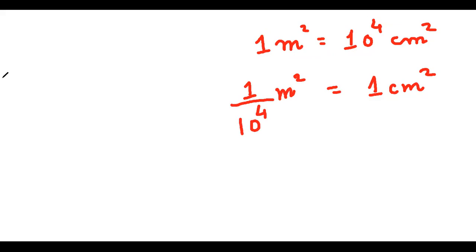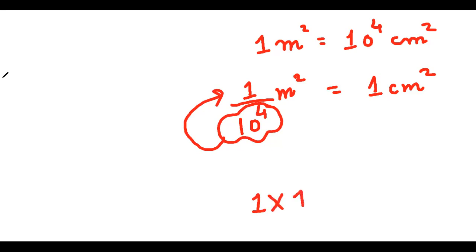Children, you will be studying in mathematics also that when you are having a certain power in the denominator, you can take the term to the numerator, but then you will be changing the sign of the power. The power was positive in the denominator, 10 raised to power 4. When it comes in the numerator, it becomes 10 raised to power minus 4.